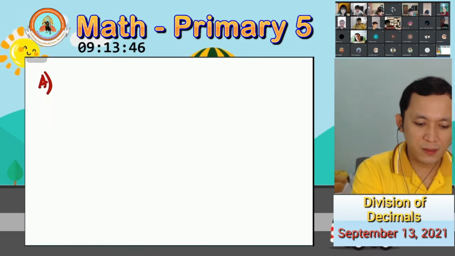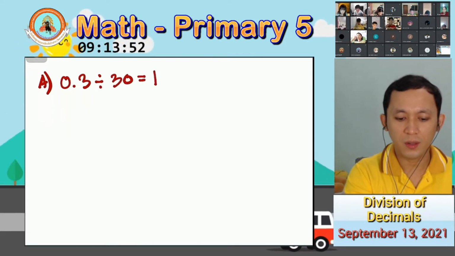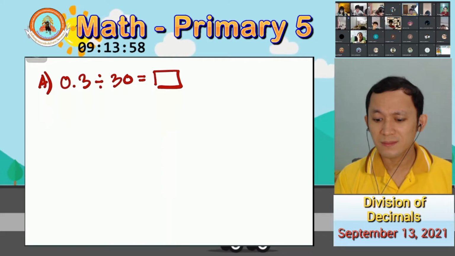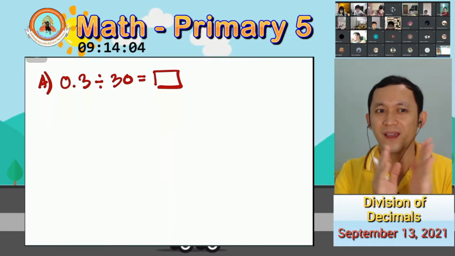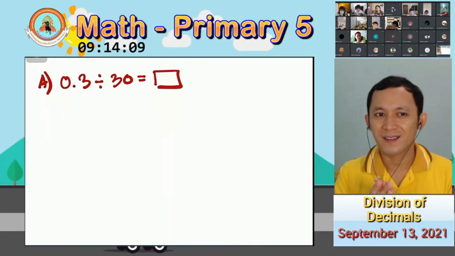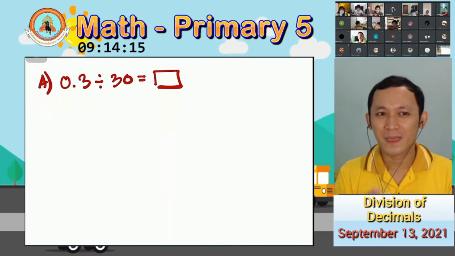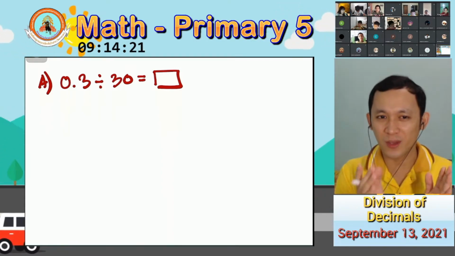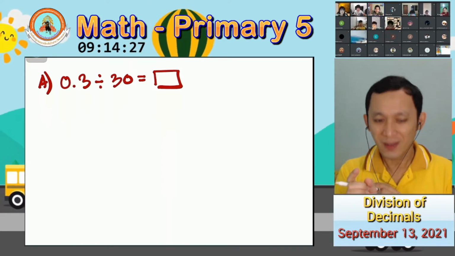So again, we have letter A, 0.3 divided by 30 is equal to blank. What is our divisor here? Who can tell me? I asked divisor. 0.3 or 30? No answer. What is our divisor? 30. Okay, we have 30. What is our dividend? 0.3.